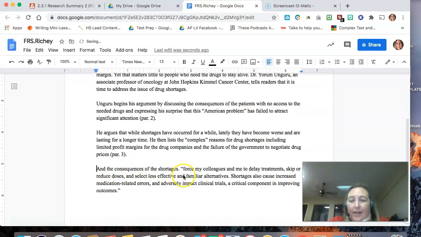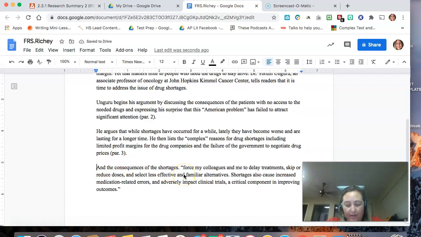Okay, the last thing I have is, and the consequences of the shortages, quote, "force my colleagues and me to delay treatments, skip or reduce doses, and select a less effective and familiar alternatives. Shortages have also increased medication-related errors and inversely impact clinical trials, a critical component in improving outcomes."